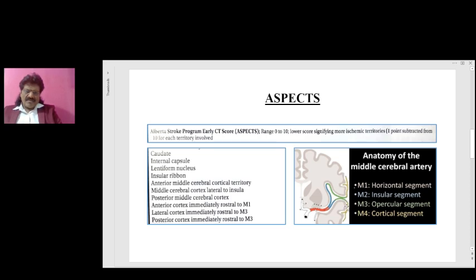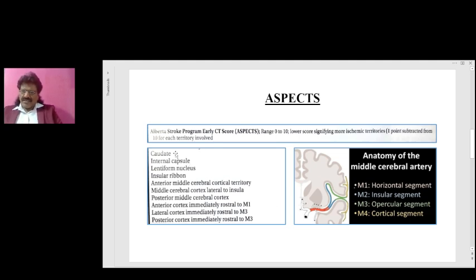So what are all the 10 structures we are looking at for infarction?